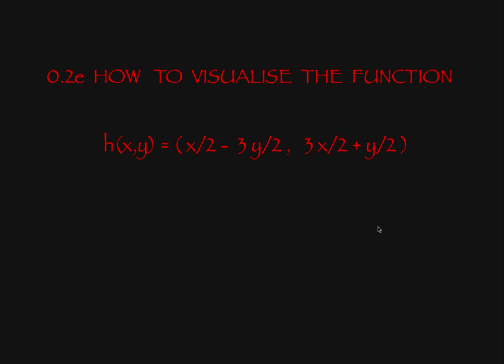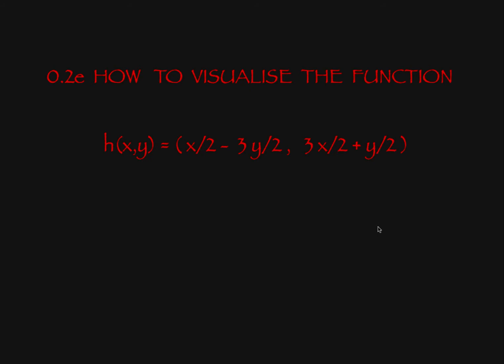As you can see, h takes two real numbers x, y and returns again two real numbers. It is a function that goes from R squared, the Cartesian product R times R, and has as a codomain R squared, the same.